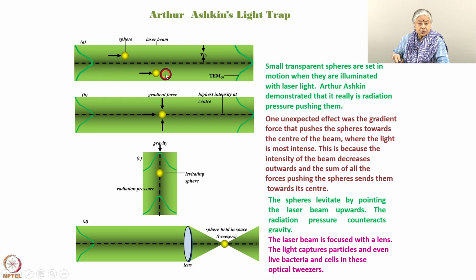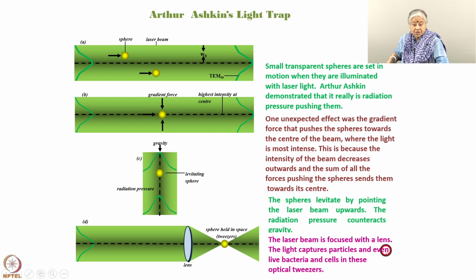You wouldn't have thought of it. All these particles move towards the center and move along like obedient children going in a line. This is because the intensity of the beam decreases outwards and the sum of all the forces pushing the sphere sends it towards the center. And the sphere levitates by pointing the laser beam upwards, so the radiation pressure counteracts gravity.